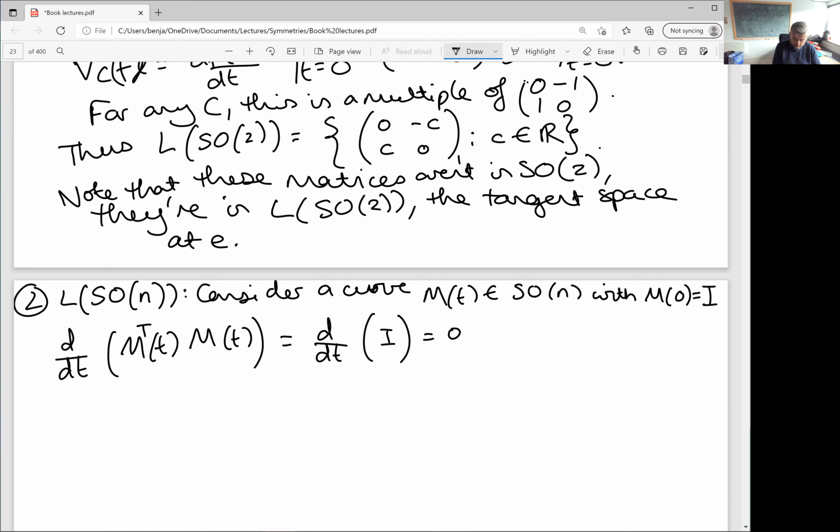So evaluating the left-hand side, this is equal to m transpose m dot plus m dot transposed m for all t, where m dot here is just the time derivative.